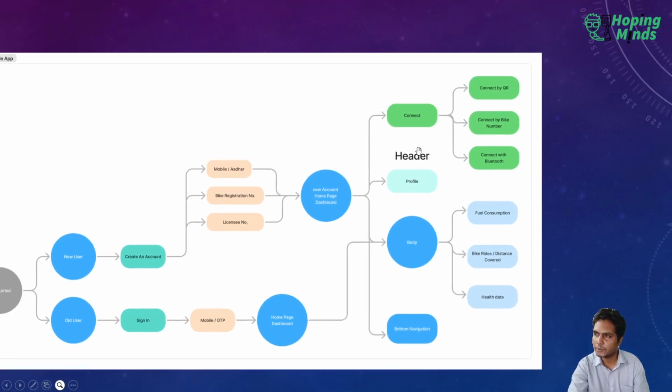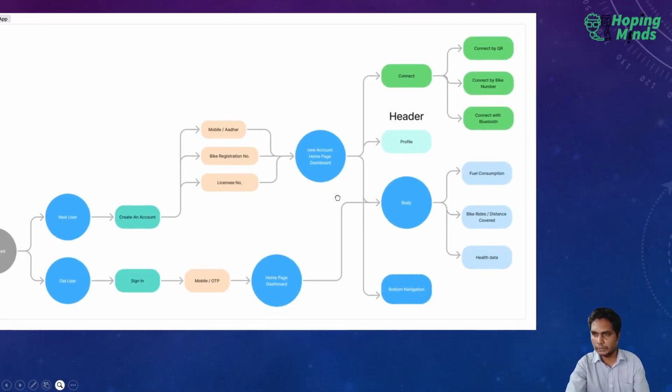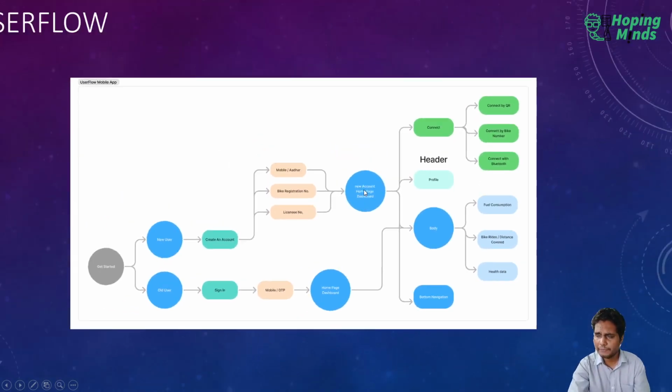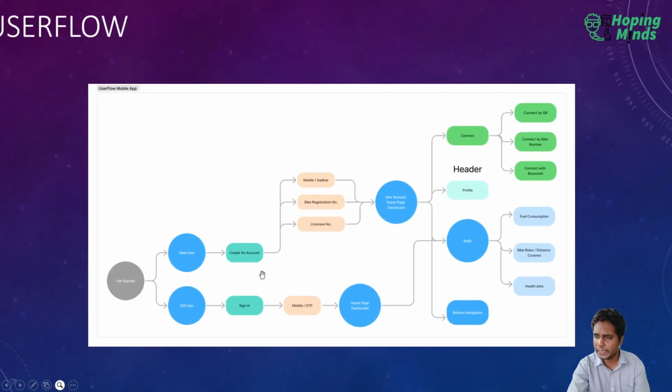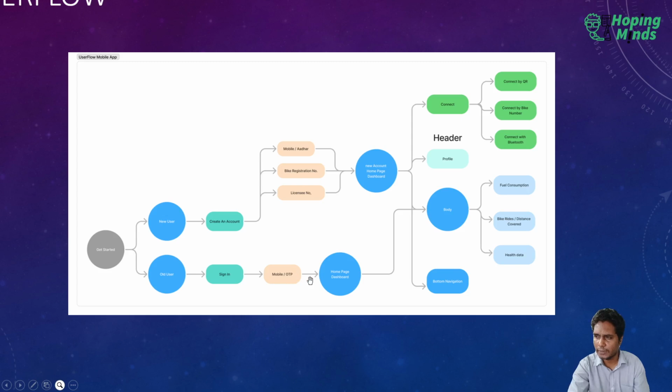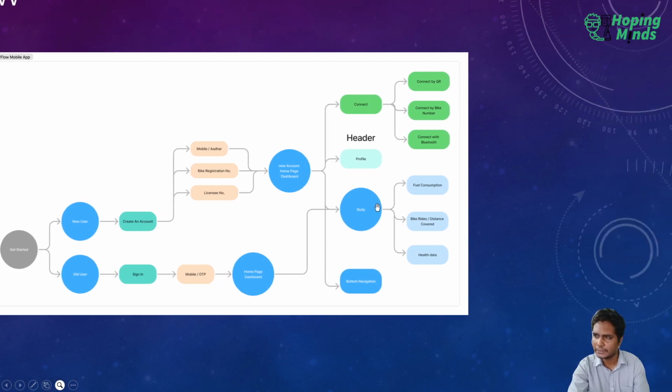He can create his profile. He can connect his bike by QR, connect by bike number, or connect with Bluetooth. If he is an old user, he can sign in. He can do a mobile OTP. He can go to the home page and then the body, wherein he can see fuel consumption, bike rides, distance covered, health data, and more.